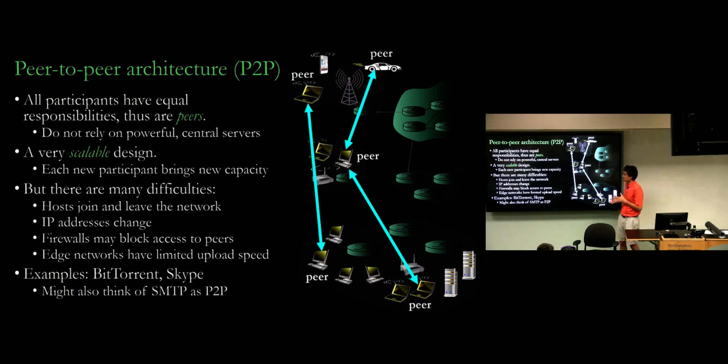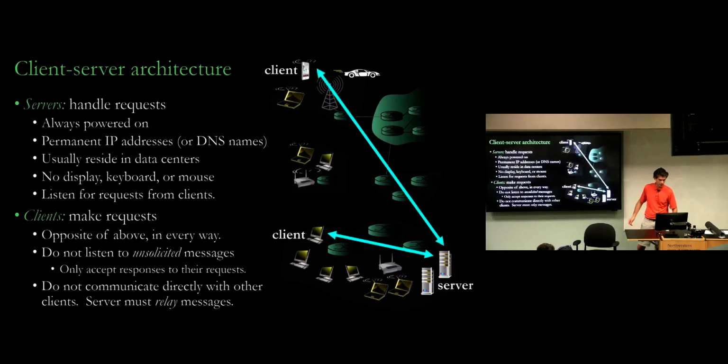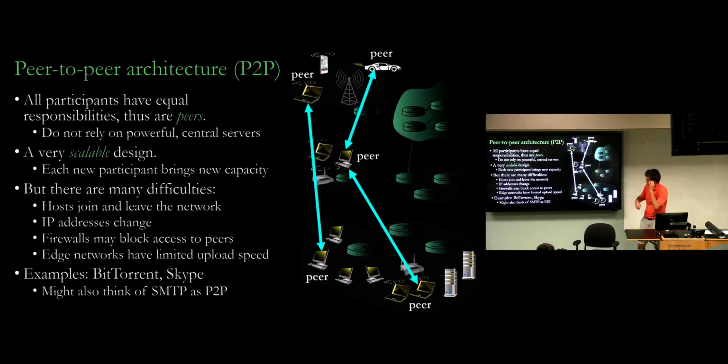There are not too many systems that use this design. BitTorrent is one, Skype is another. Because it's difficult to design this kind of system, because of the characteristics of clients, the fact that, like I showed before, they move around, they're not always on, they have different IP addresses at different times of the day or the week.